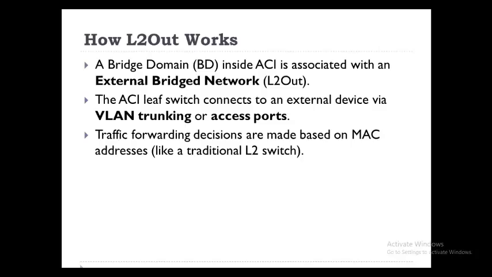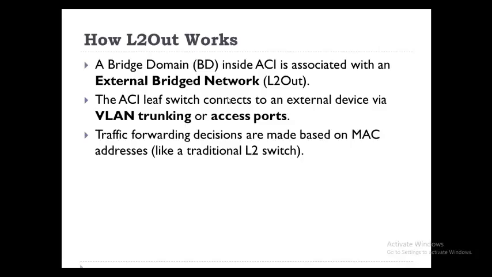The ACI leaf switch connects to the external device via trunk or access port. We already discussed. Traffic forwarding decisions are made based on MAC address only because it is L2 out. Now this first point: the bridge domain, which is inside the ACI, needs to be associated, mapped to the external bridged network.